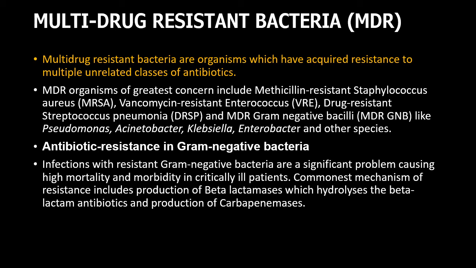As we had seen, the infections are high, and the mortality and morbidity rate is also high in ill patients. So the commonest mechanism of resistance includes production of beta-lactamases, which hydrolyze the beta-lactam antibiotics, and production of carbapenemases. This is also an enzyme from the beta-lactamase category, which we will see later in another video.